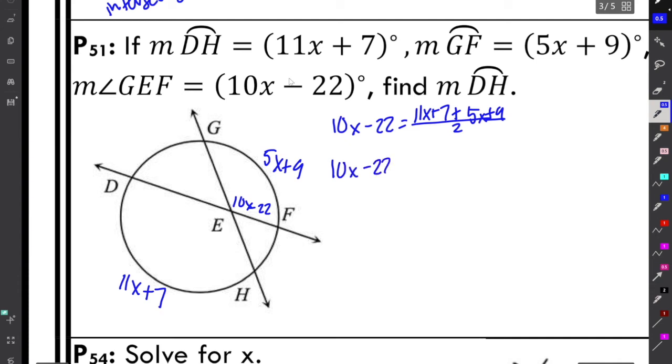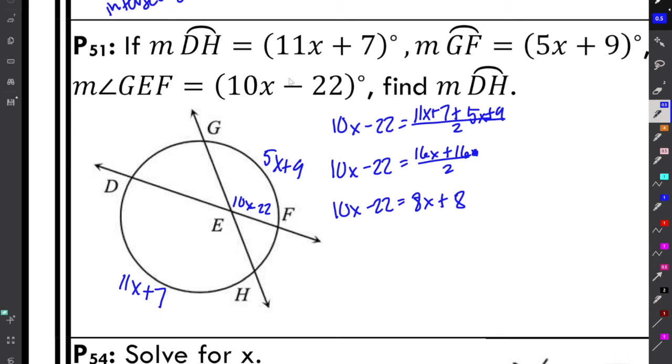Let's try it first. Let's simplify the top right here. 11 plus 5 is 16x. 7 plus 9 is 16, so 16x plus 16 all over 2. Both those numbers are even numbers, so we can divide by 2 very easily. 10x minus 22 is equal to, then we do 16 divided by 2 is 8x plus 8. All right, that's what I got here.